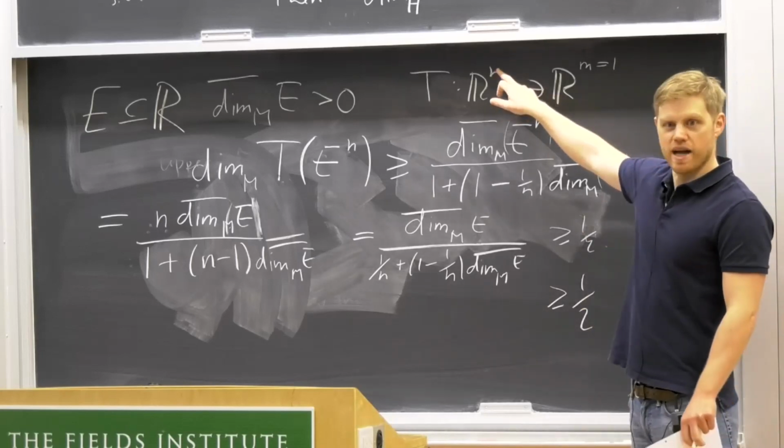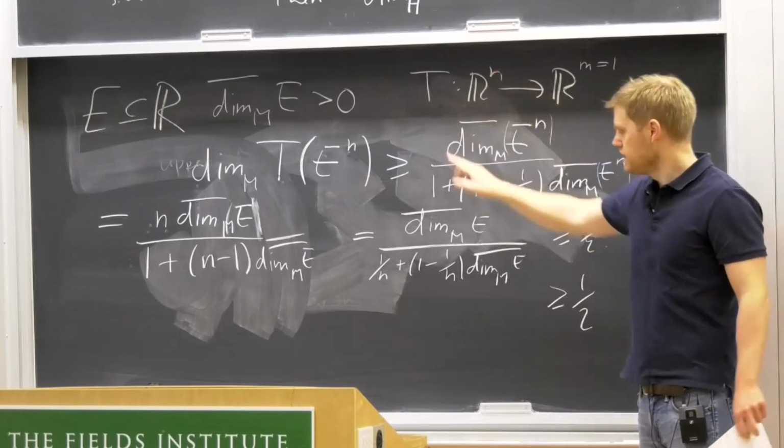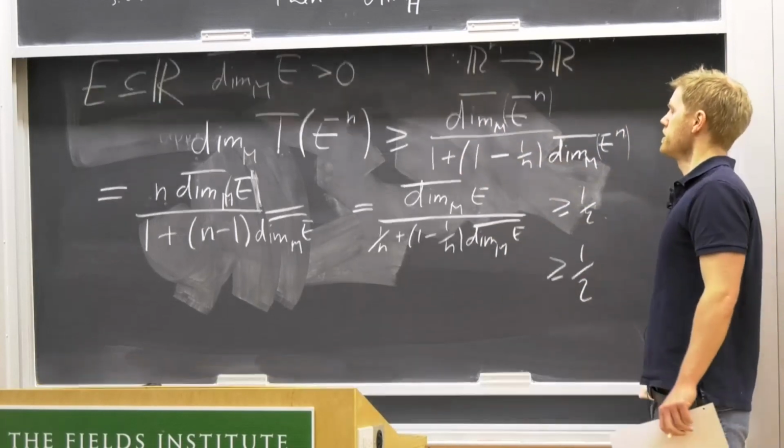So for every N, we can find a T, and then we get this.